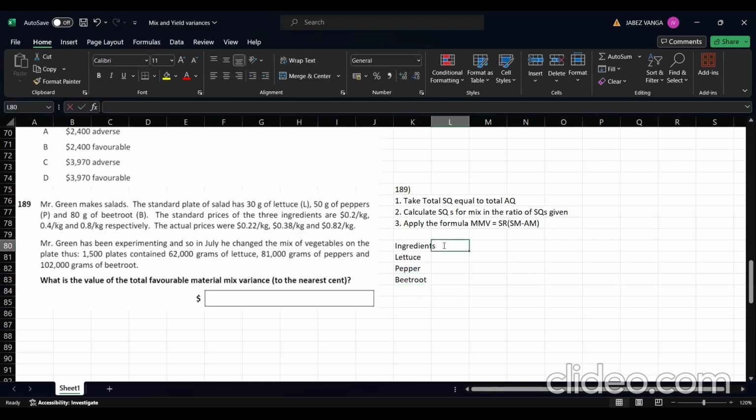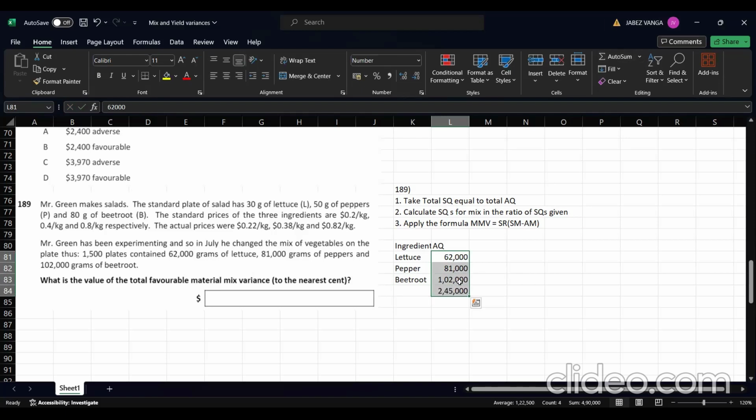The actual quantities given are, to make 1,500 plates, the requirement of the ingredients: 62,000 grams of lettuce was used, 81,000 grams of pepper was used, and 102,000 grams of beetroot was used.